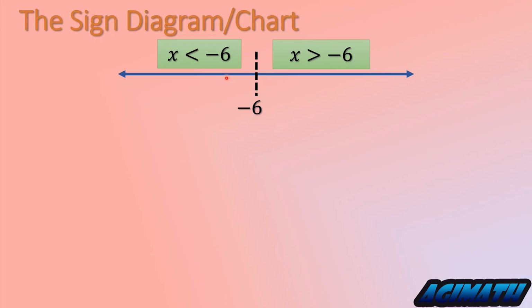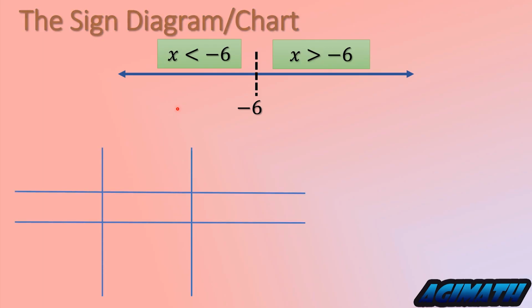So negative 6 is not included. We can have negative 6.1, negative 7, negative 8, up to negative infinity. Now, since we only have two intervals, it doesn't mean you are wrong. It is because the polynomial given is a special case. That's why we only have two intervals.